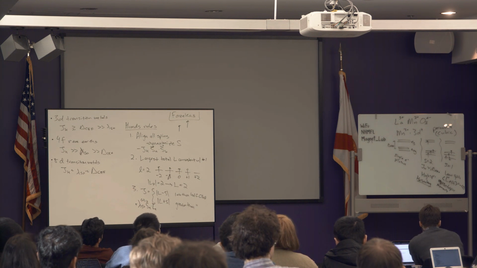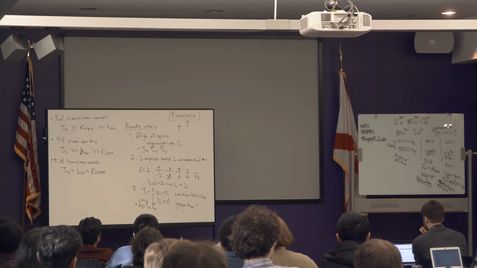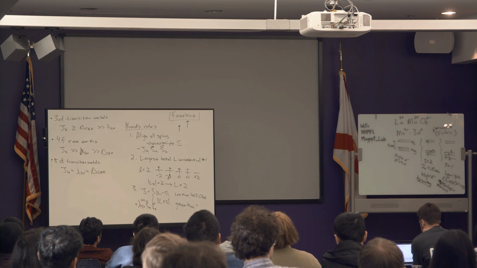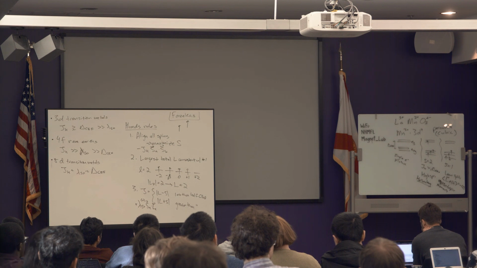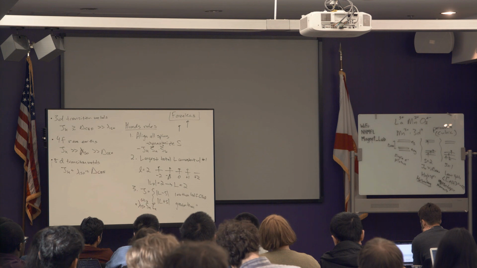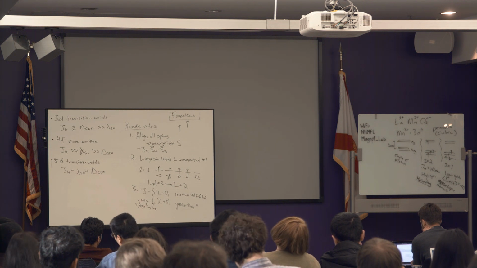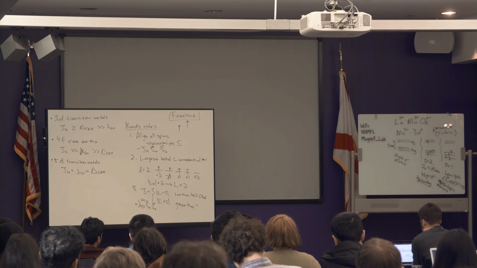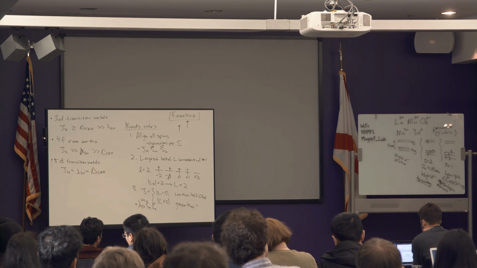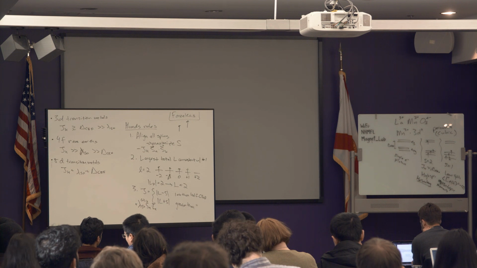However, they're in a crystal field environment. They're actually in a trigonal symmetry. So the praseodymium is in the center, and then I have oxygen at the 6 corners of this trigonal prism. And you can see that this has a D3 local symmetry, also known as a trigonal symmetry, and you can connect this to a particular group.